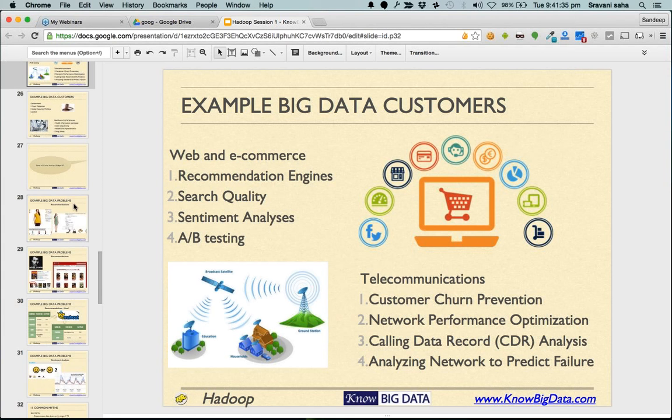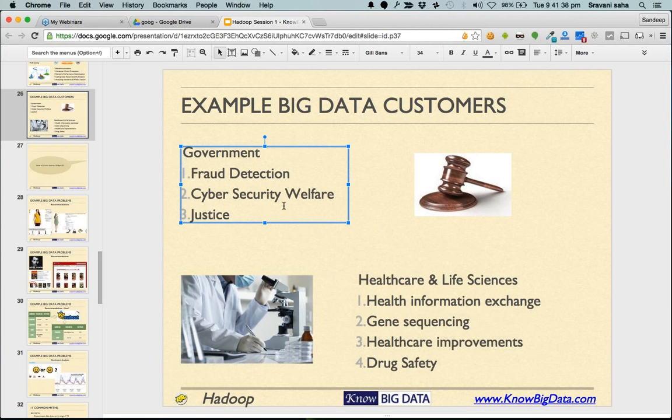Great, so moving on. There are actually lots and lots of branches of various services and products which are using big data in a variety of ways. Governments use it for fraud detection, cybersecurity, welfare, and the justice system.